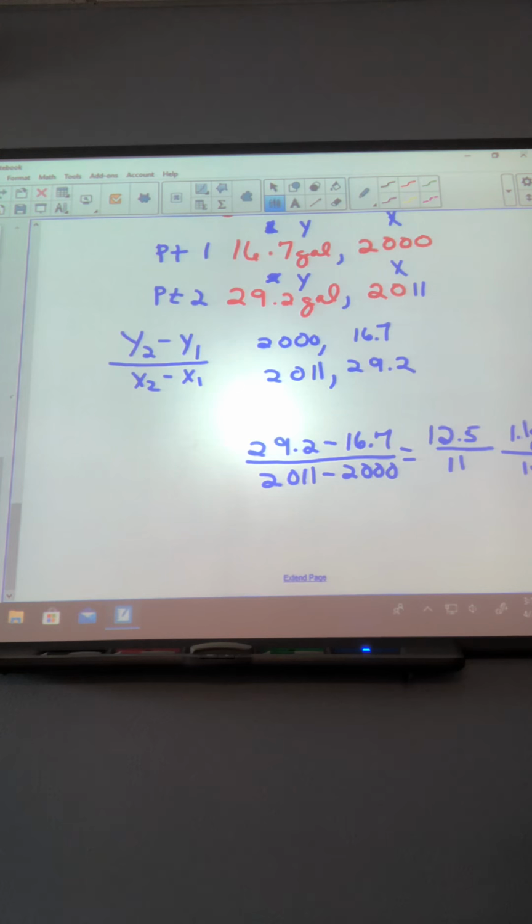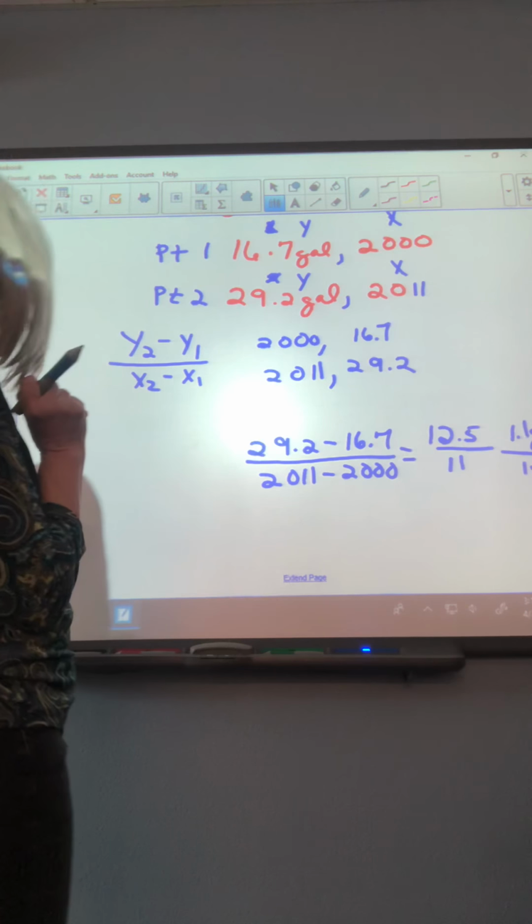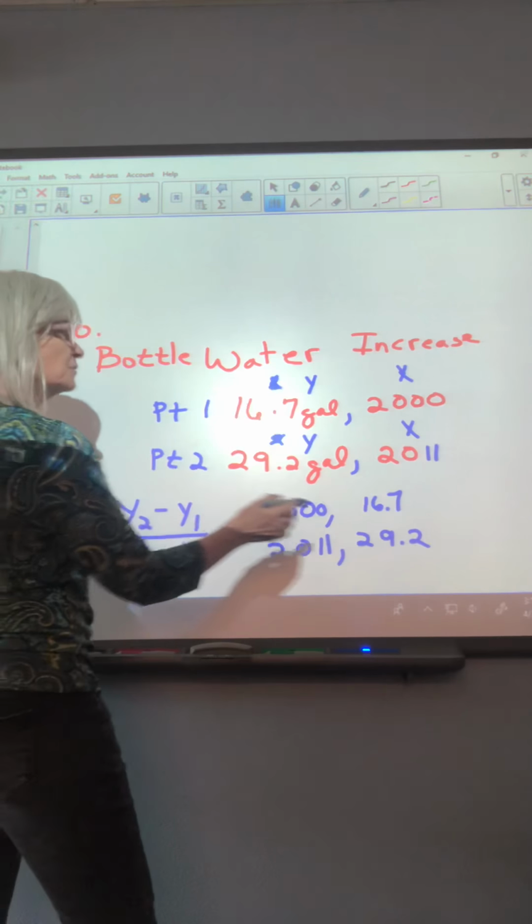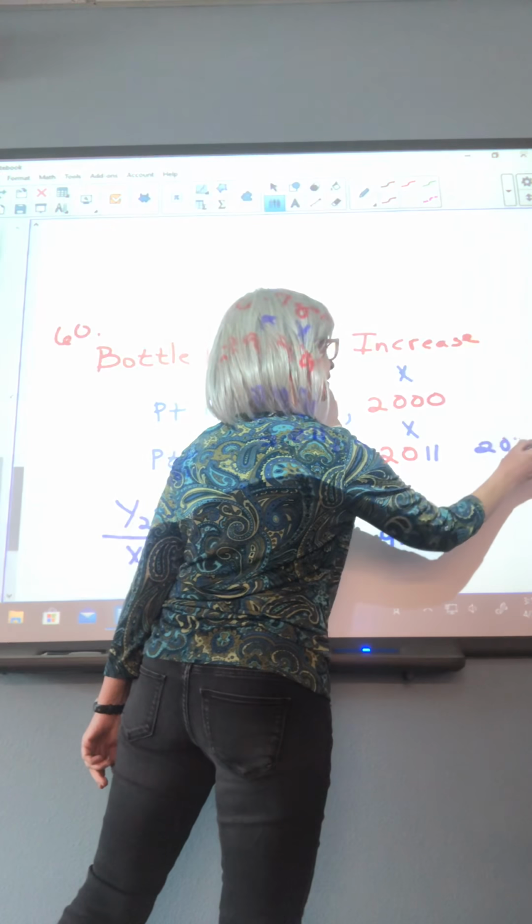This would be a really, really interesting one to do for the year 2019, since 2019 just ended. You could Google it and find out how many gallons of water in plastic we were using in the year 2019.